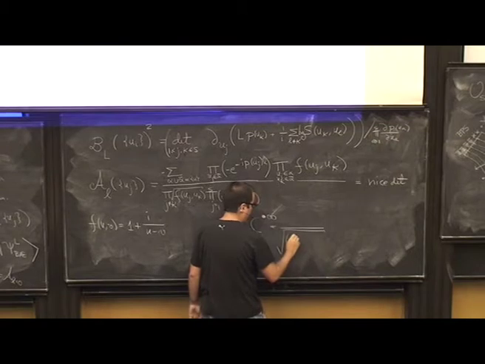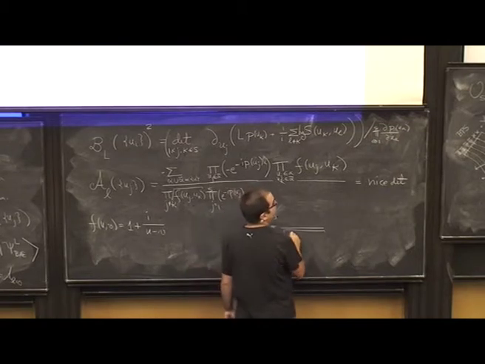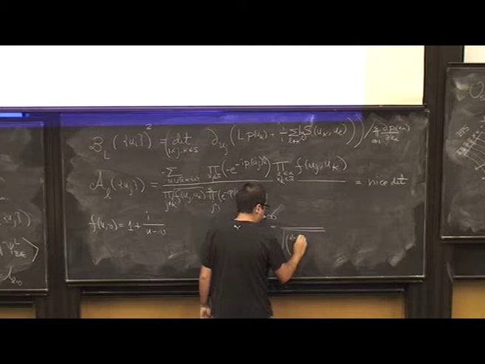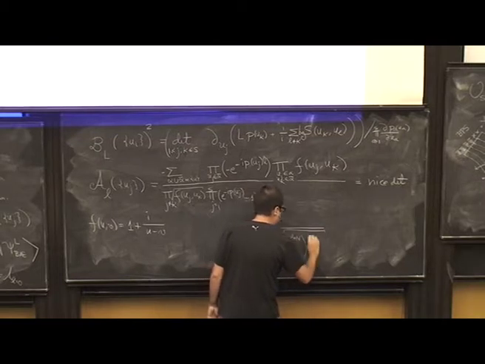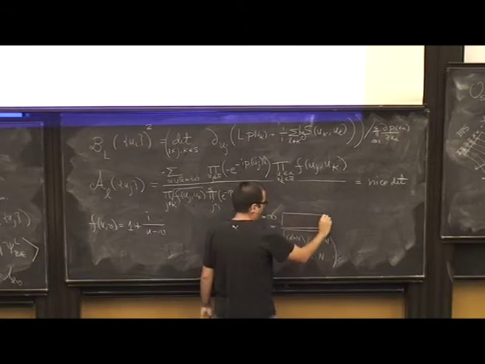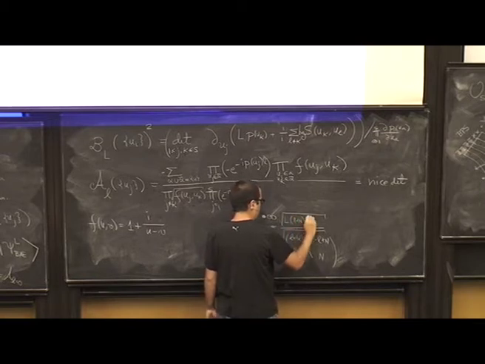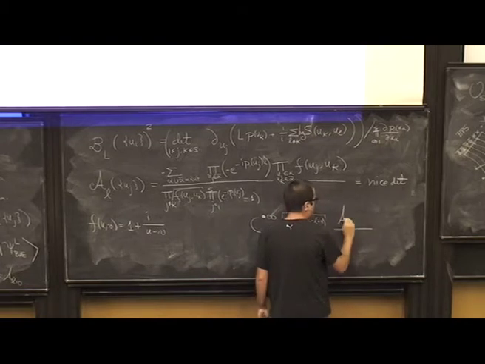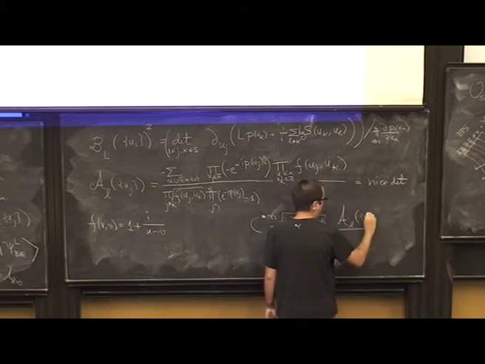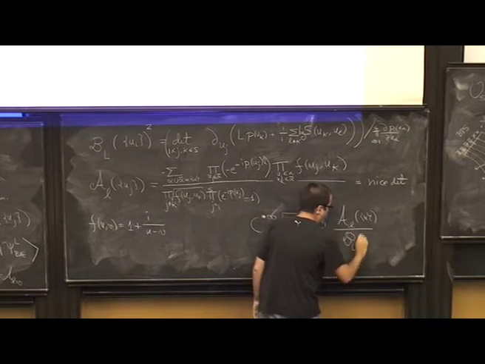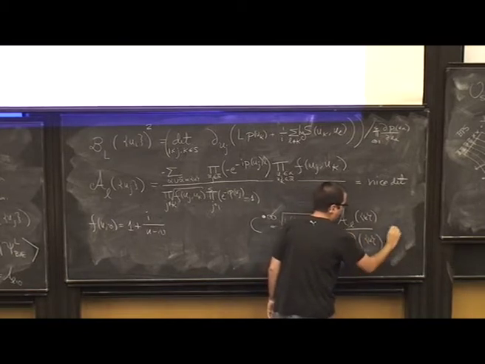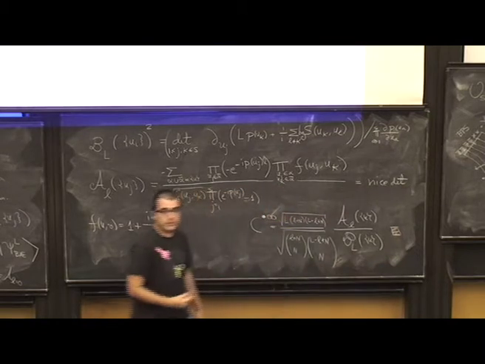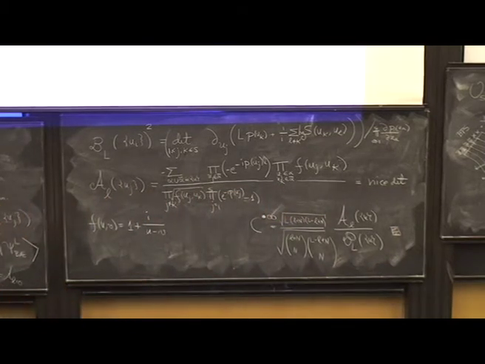There is some binomial, L plus n choose n. And up to some simple factors, it is exactly this AL over B. Okay? So this is, if you want, the main claim of today.